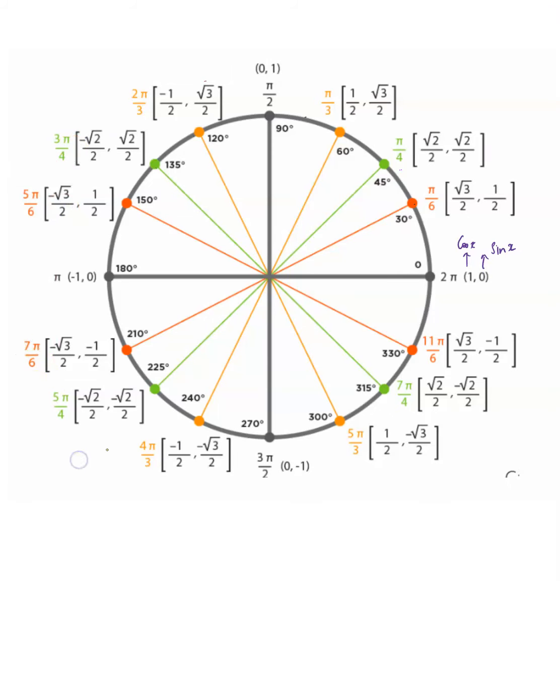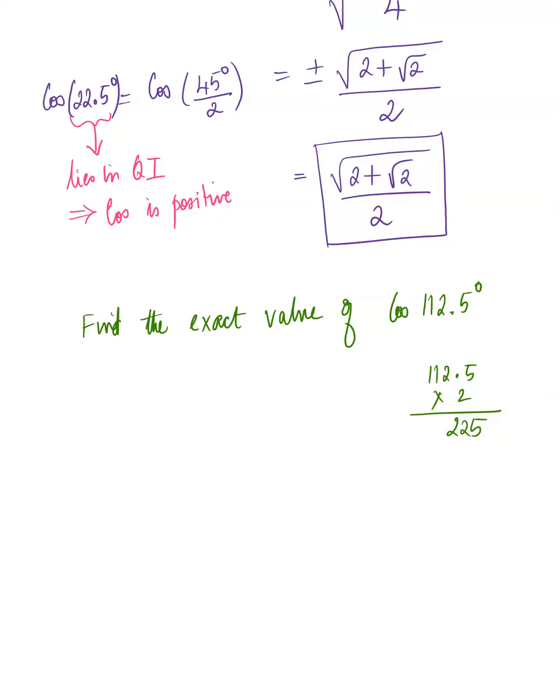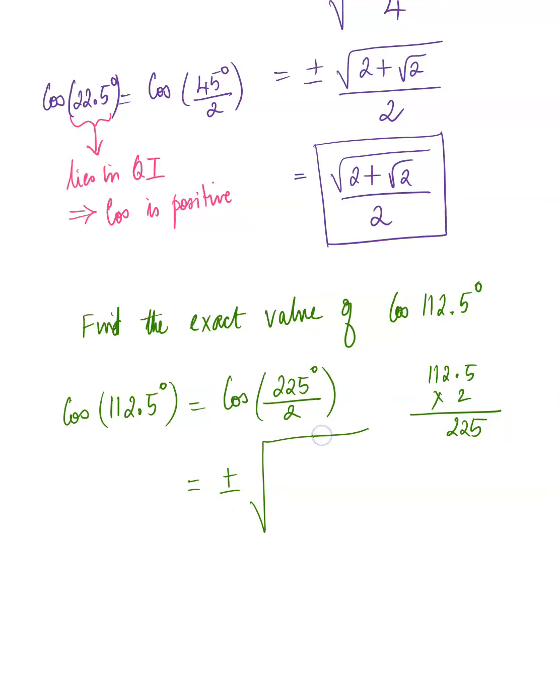We do have a 225 there, right, in the third quadrant. So cosine 112.5 degrees can be rewritten as cosine 225 degrees over 2, and that will be plus or minus square root of 1 plus cosine 225 degrees over 2.